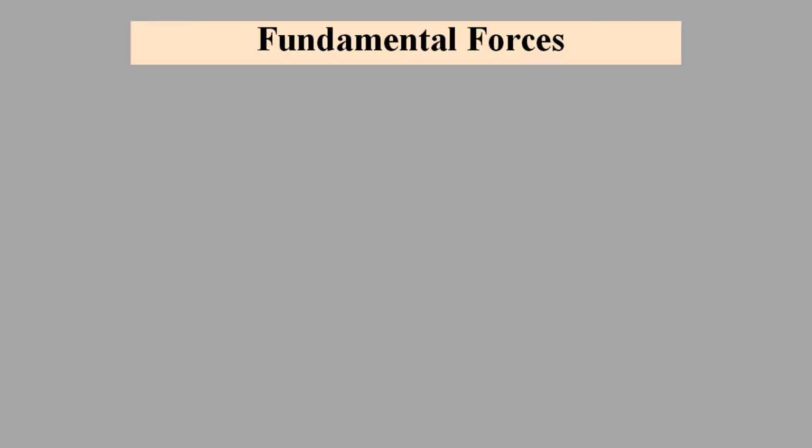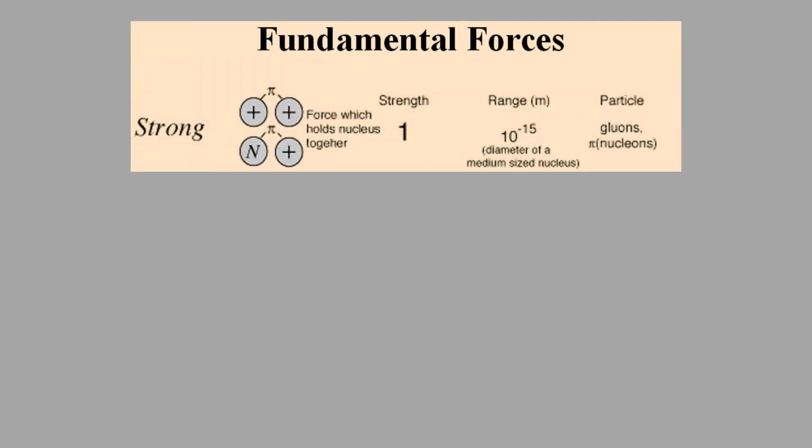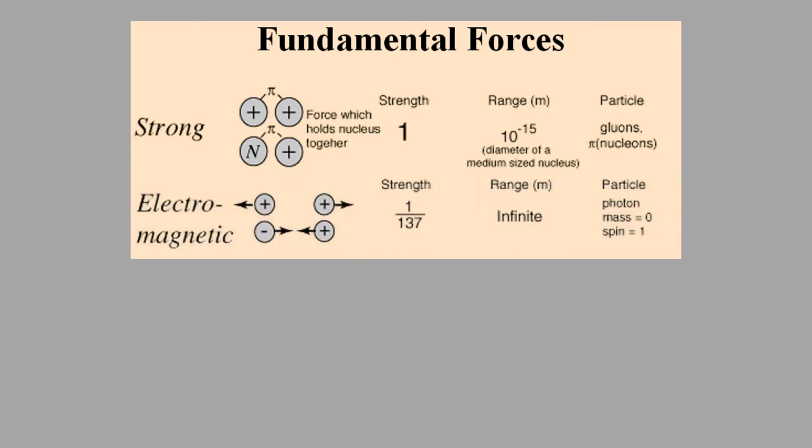So the strongest force, you might have guessed, is the strong force. And I like this image because they use a ratio to compare the strength of the different fundamental forces. What do you think the next strongest non-contact force is? It's actually electromagnetic forces.